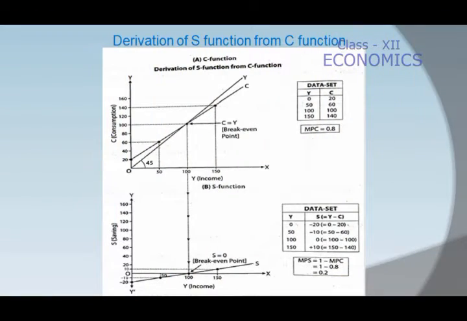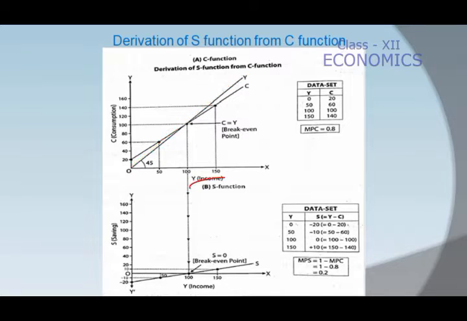In this diagram, two graphs have been plotted vertically, where the first diagram A shows the C function and the second diagram B shows the S function. Here the C function is shown with the help of the C line and Y line. The C line is the consumption expenditure curve, and the Y line is the income curve.